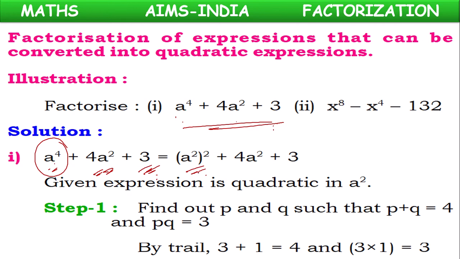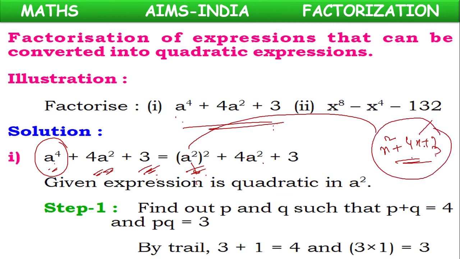So if this a square is considered as one single number x, it becomes x square plus 4x plus 3. In the place of a square, if we keep x, it will become x square, 4x plus 3. Now this is in the form of a quadratic expression.